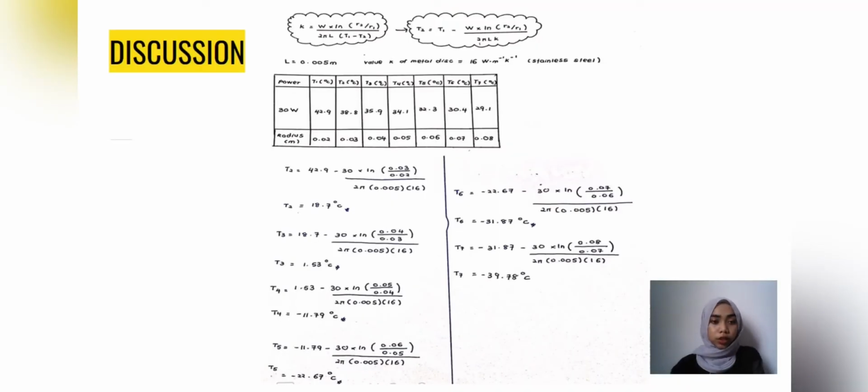So this is the theoretical value for T2, T3, T4, T5, T6 and T7. The value of T2 is 18.7 Celsius, T3 is 1.53 Celsius, T4 is negative 11.79 Celsius, T5 is negative 22.67 Celsius, T6 is negative 31.87 Celsius, and T7 is negative 39.78 Celsius.